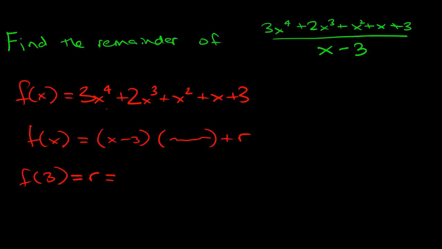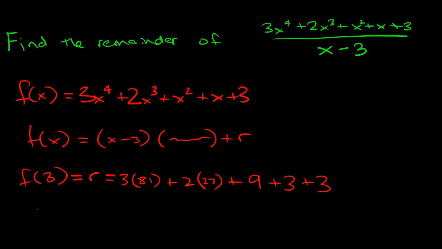Now if we plug in 3, we get 3 times 3 to the power 4, which is 3 times 81, plus 2 times 3 to the power 3, which is 2 times 27, plus x squared, which is just 9, plus x, which is 3, and plus our constant, which is 3.